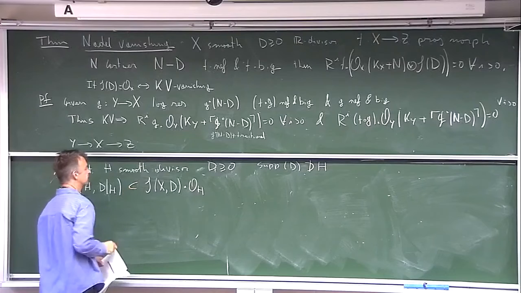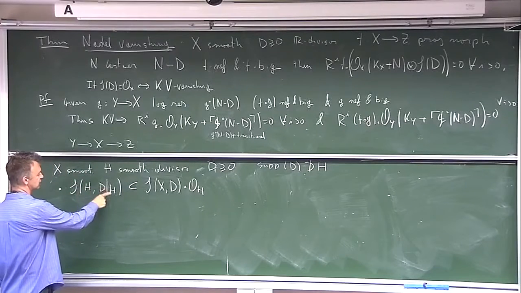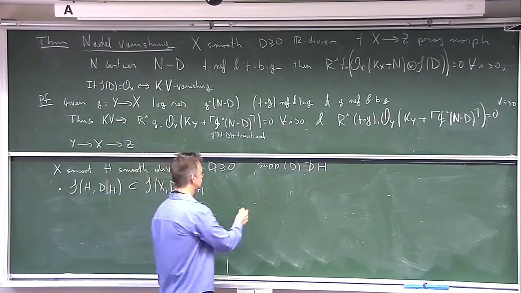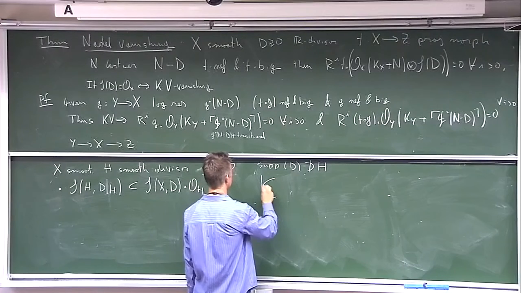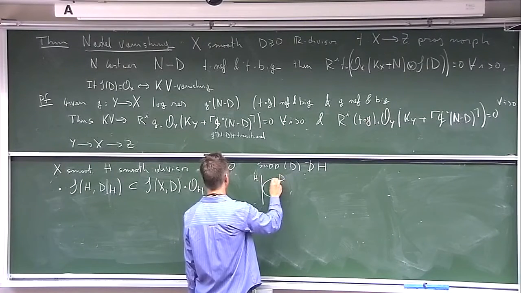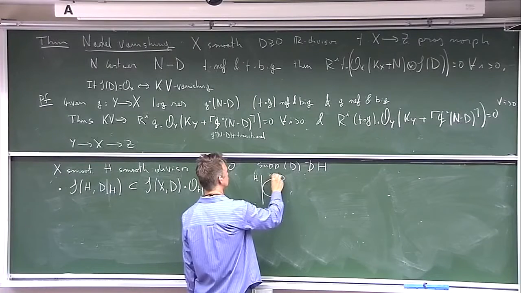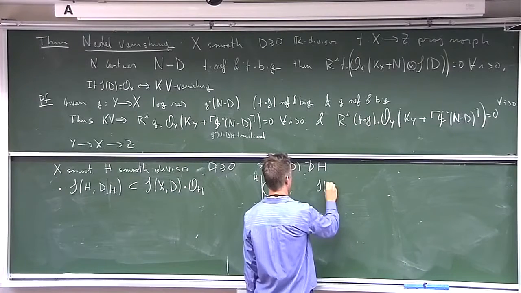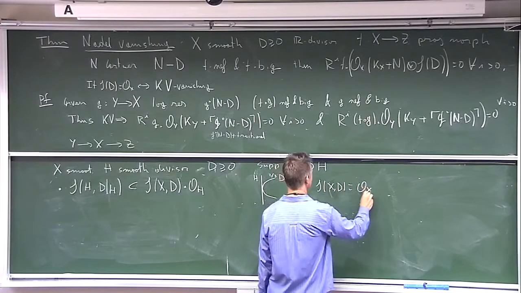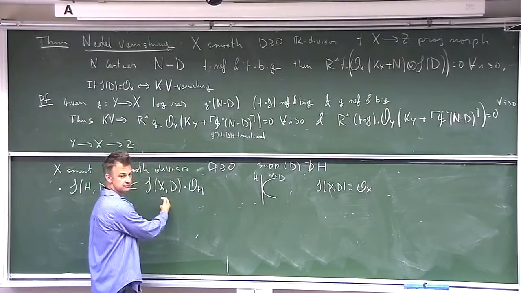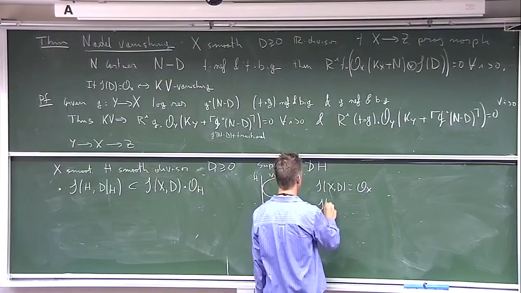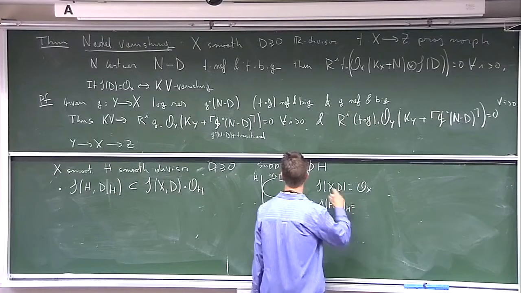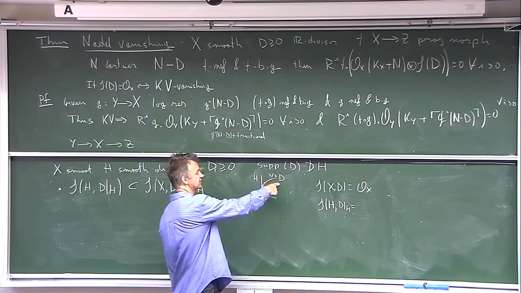This way. So if you take a divisor and restrict it to a subvariety, you get possibly worse singularities than if you look at the divisor on the ambient variety. Here's a picture. This is my H, this is my divisor D, for which I'm taking coefficient 2/3. Then the multiplier ideal sheaf of X comma D is just O of X. So the right-hand side is just O of H, not interesting. But the left-hand side is the multiplier ideal sheaf on H of D restricted to H, which now you see, since it's tangent, when I intersect it, I get this point with multiplicity 2.